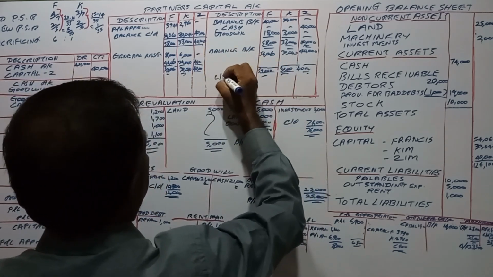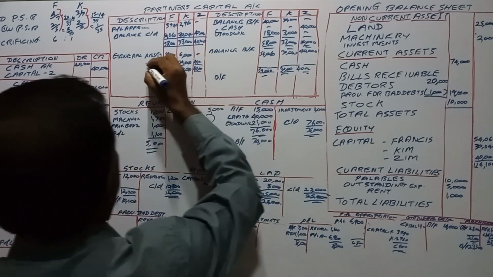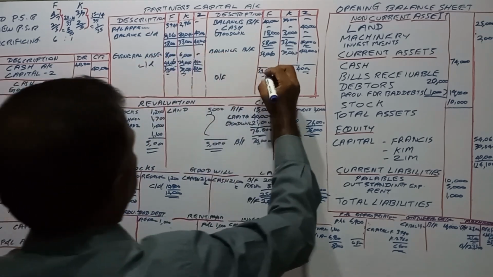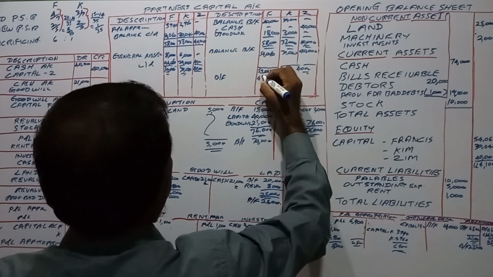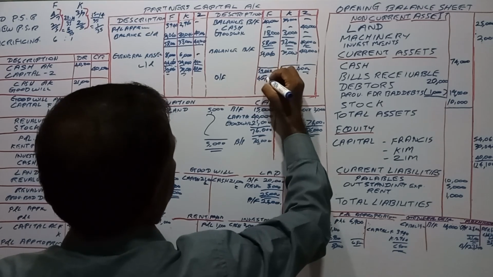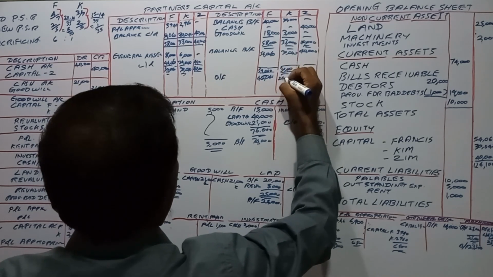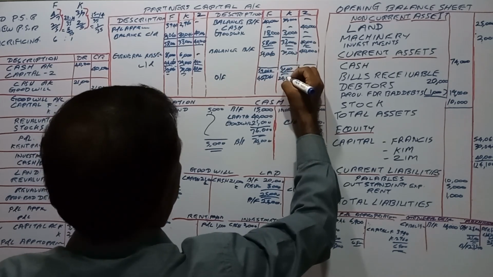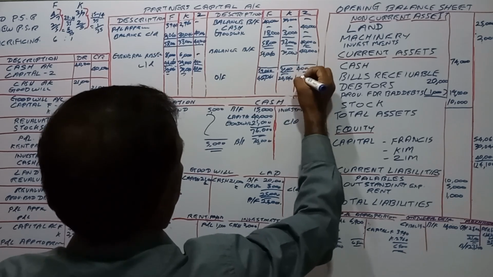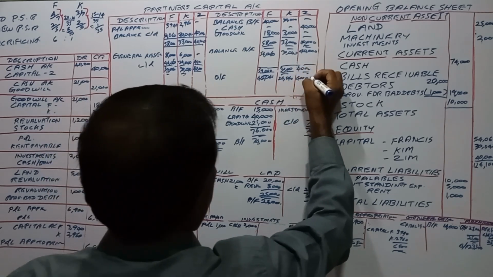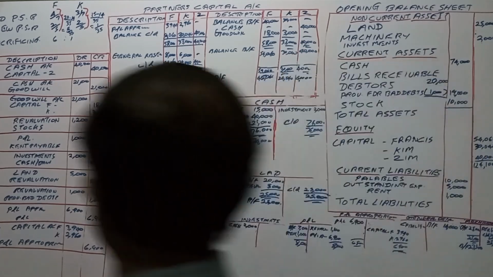Carried down balance, brought forward balance, carried down balance, right? 46,060, 24,040 and 40,000, right?